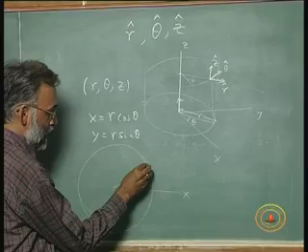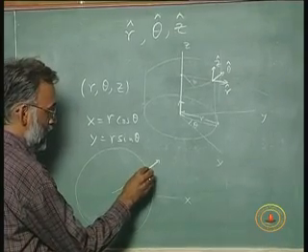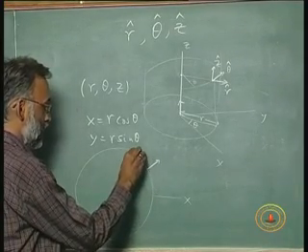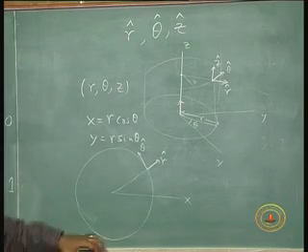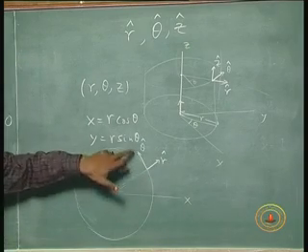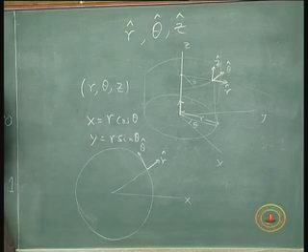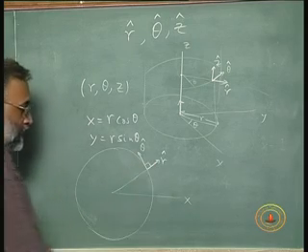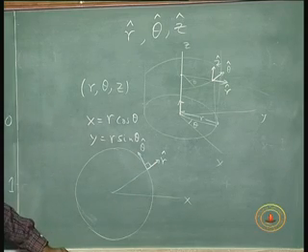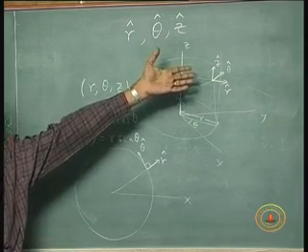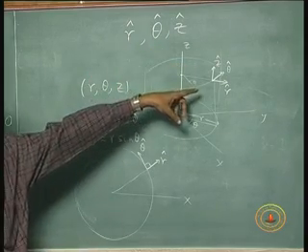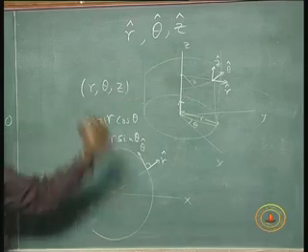So, the r is along the radius, theta is along the tangent. So, one is tangential, the other is normal. It is easy to show these two are 90 degrees. So, this is again an orthonormal set, but it is a very strange orthonormal set, very useful, but very strange.